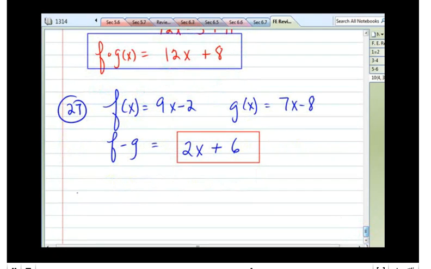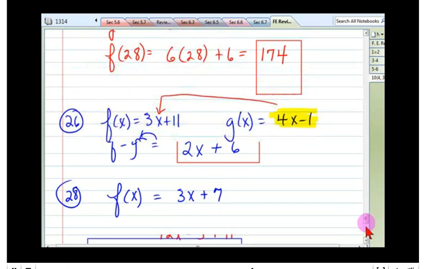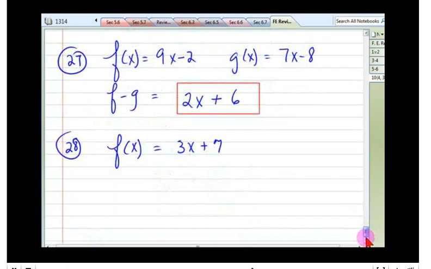All right, 28. Is 28 the inverse? Yeah. You're given f of x is 3x plus 7, and you want to find the inverse. So remember, you have those rules for finding the inverse. First thing, you rewrite f of x as y.